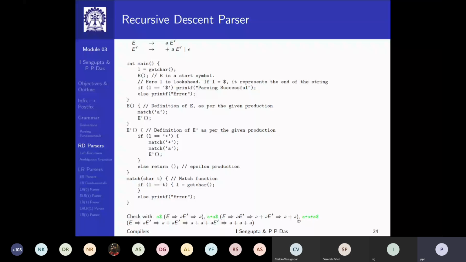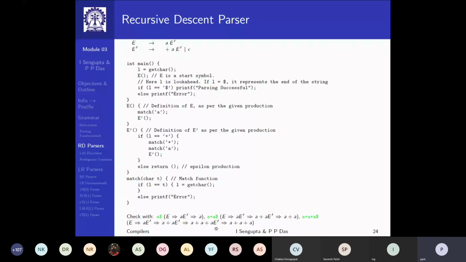But this recurrence of the first production from E prime can be used as many times as you want. In the first example, you haven't used it. In the second one, you have used it once. The third one, you have used it twice: A E primed, plus A E primed. Again, E primed you replace by plus A E primed. I've used it twice.